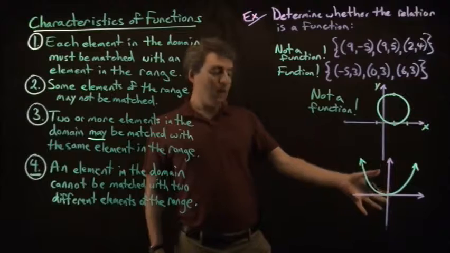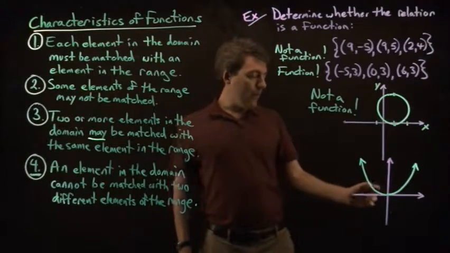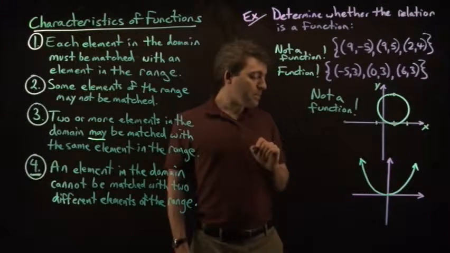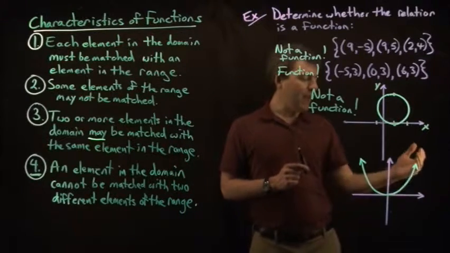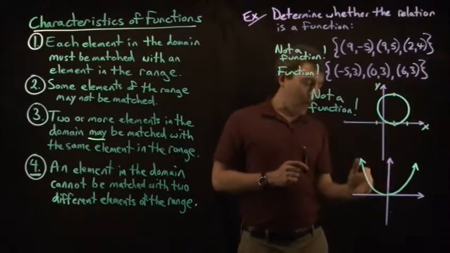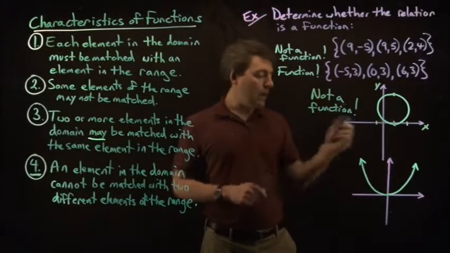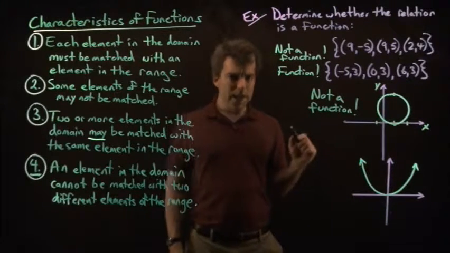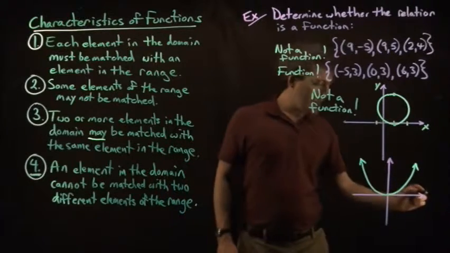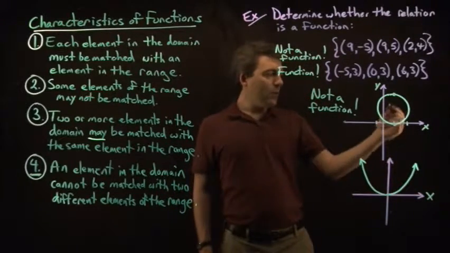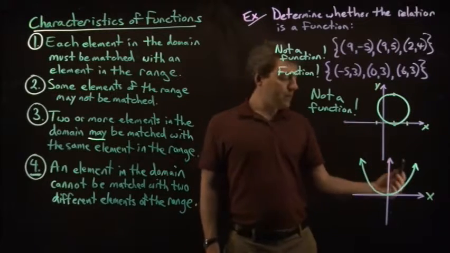And let's look at the 4th example here. We have a parabolic-like shape. These arrows mean that this curve extends out in this direction without end, and also in this direction without end, as do the arrows on the axes. All right, let's look at all the x values. Is there an output value that's taken on twice?